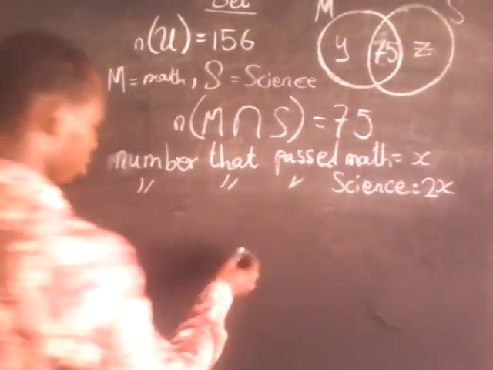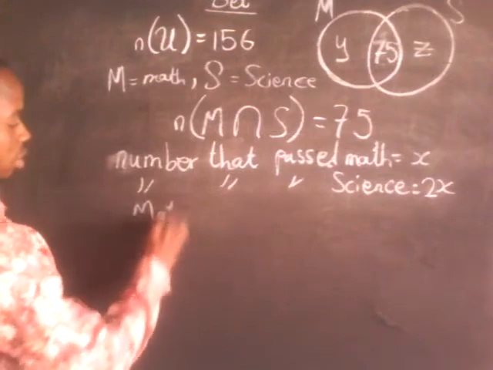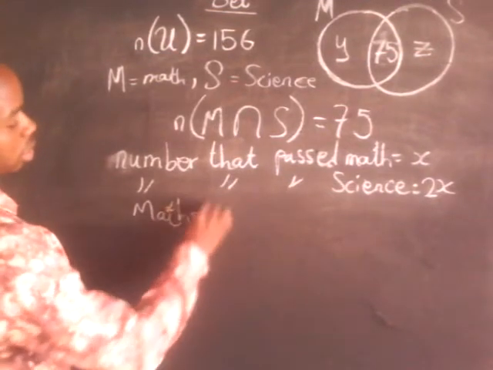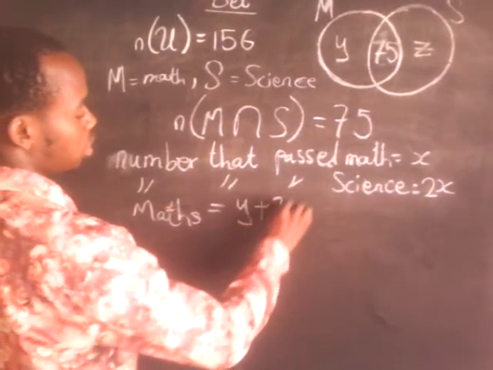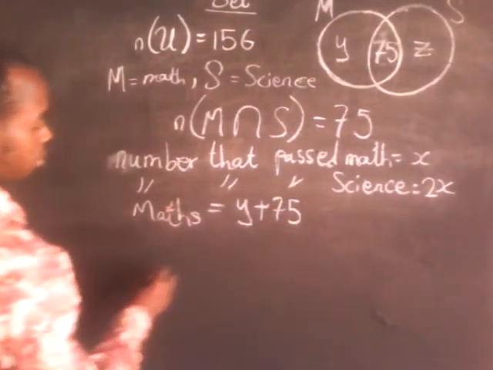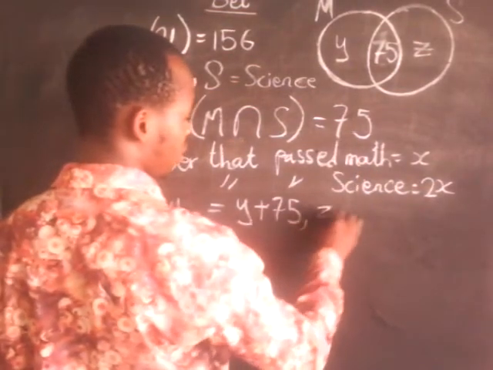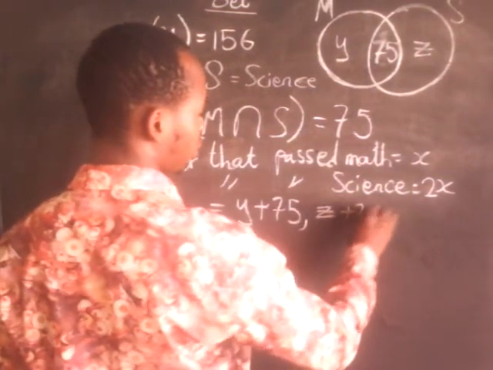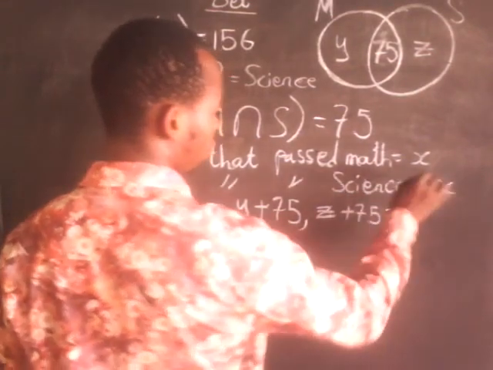That means the number of people that passed maths is equal to y plus 75, while the number of people that passed science is equal to z plus 75.